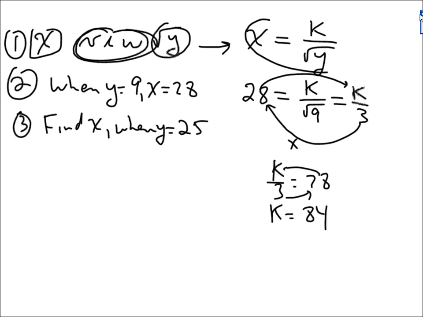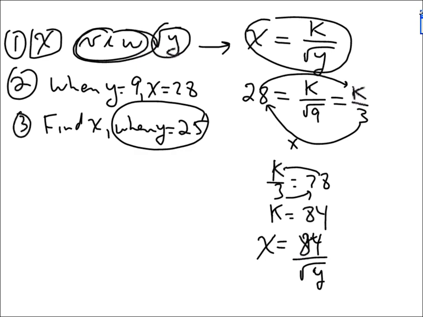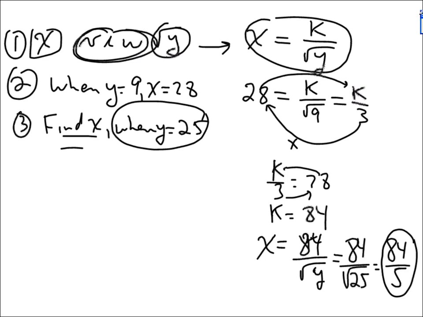So I update that equation. X is equal to 84 over the square root of y. Statement 3 asks me to find x when y is 25. So it's 84 over the square root of 25. But I know the square root of 25. It's 5. And there's the answer.